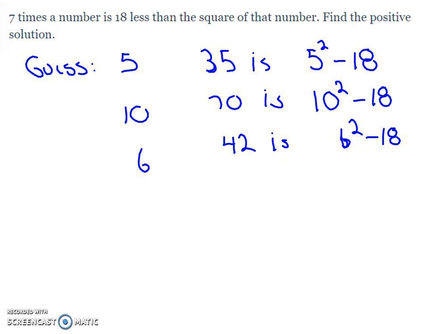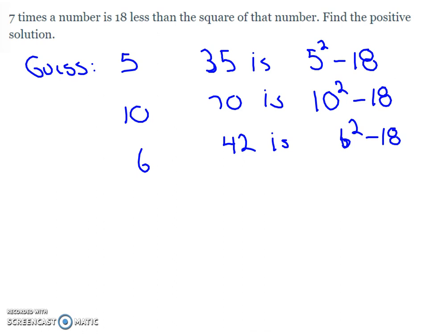Okay. But here's the nice thing. Even though I guessed and checked and I got it wrong 3 times, 3 is the magic number for your brain to recognize patterns, right? After you've done 3 of them, your brain can say, wait. Every time I'm trying the same thing, right? I'm taking this number and multiplying it by 7, and I'm taking the number and squaring it and subtracting 18 and trying to make them equal.